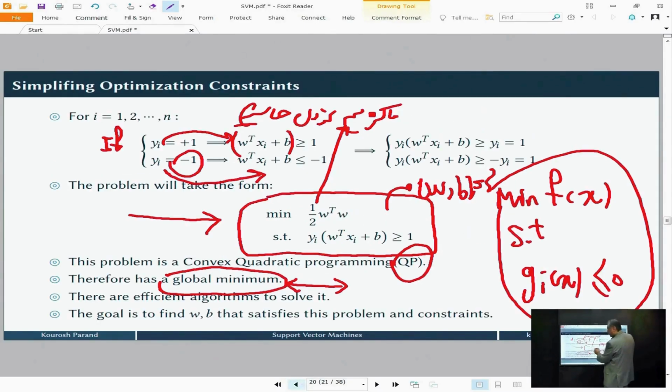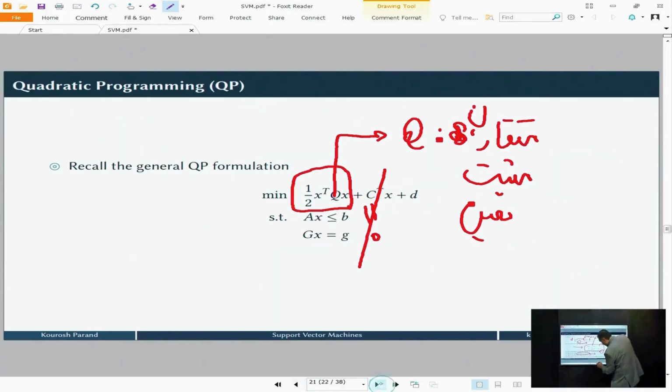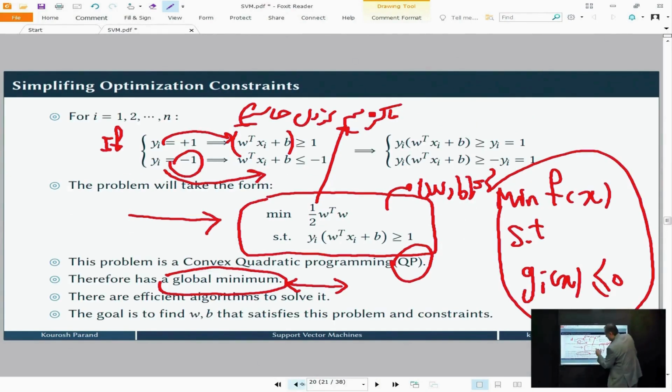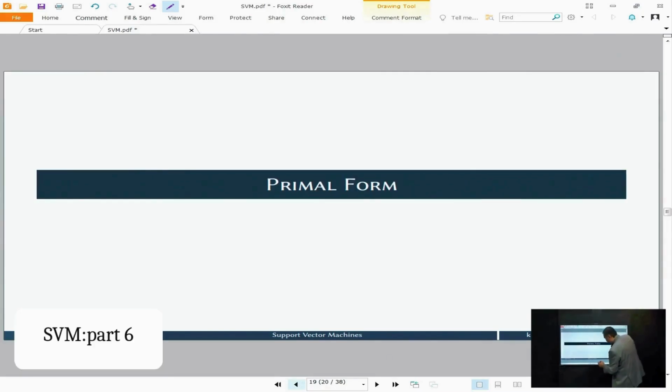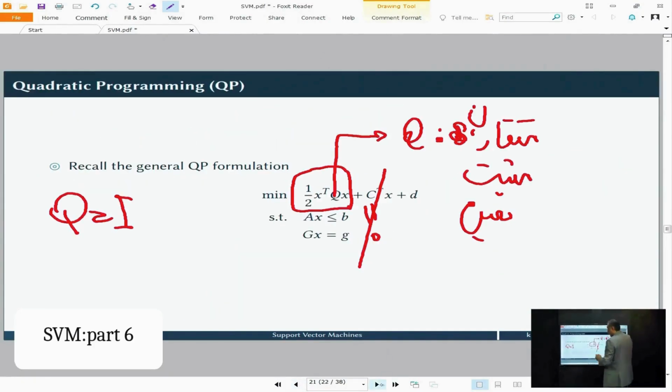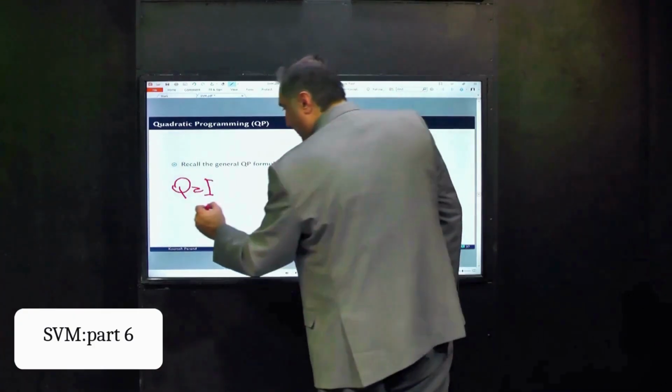If you look closely, if you multiply this part by -1, X less than or equal to B becomes greater than or equal to, and it turns into the greater than or equal to form. The important point here is that, in that problem, if you set Q to I, the identity matrix, and your X transpose is W, then it becomes 1/2 W transpose IW.